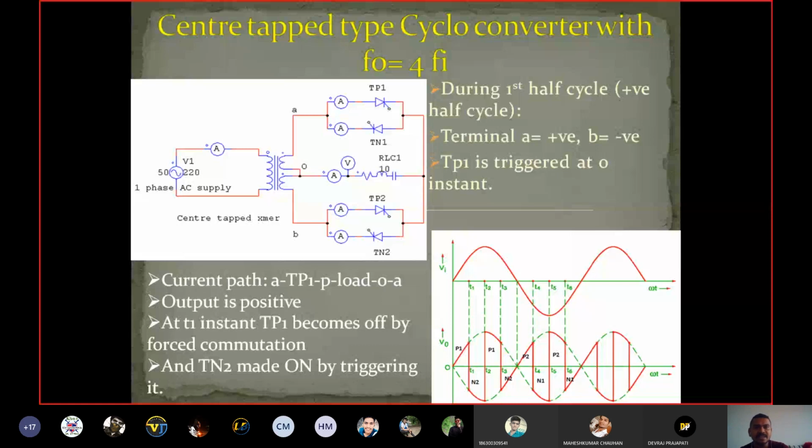So when TP1 is triggered, what is the path of current flowing through the load? The path of current is A to TP1, TP1 to P, P to load, load to O and O to A.